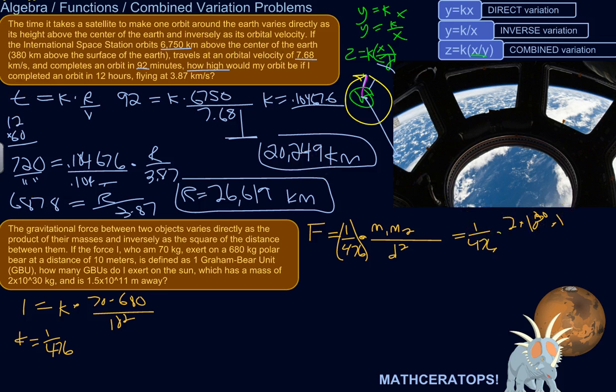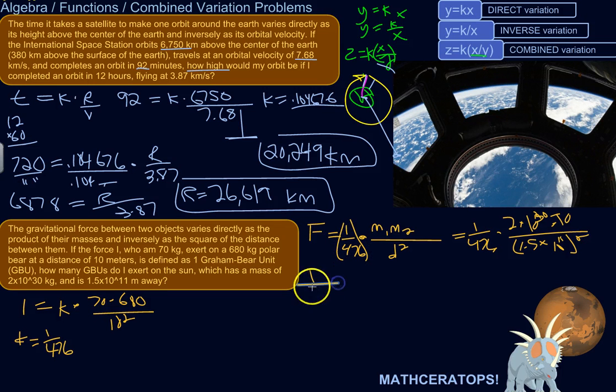Sorry, I started thinking about that bear. So we're multiplying our masses. So 2 times 10 to the 30th times 70, and then we're taking the square of the distance between me and the sun. 1.5 times 10 to the 11th squared. Sorry, this is pretty messy. Maybe I should write again.